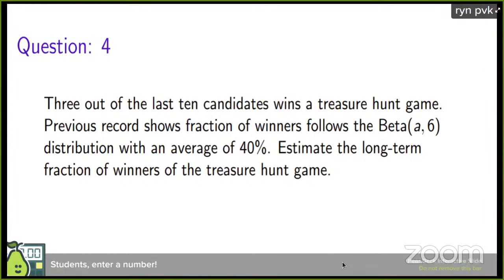Okay, so what we are finding here is the fraction of winners, right? That means out of the 10 candidates, how many are going to win? Each candidate, x1, x2, x3 up to x10, belongs to a certain distribution.